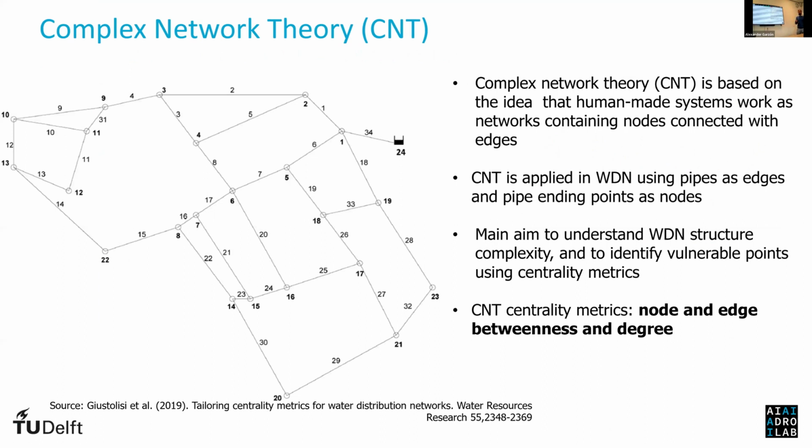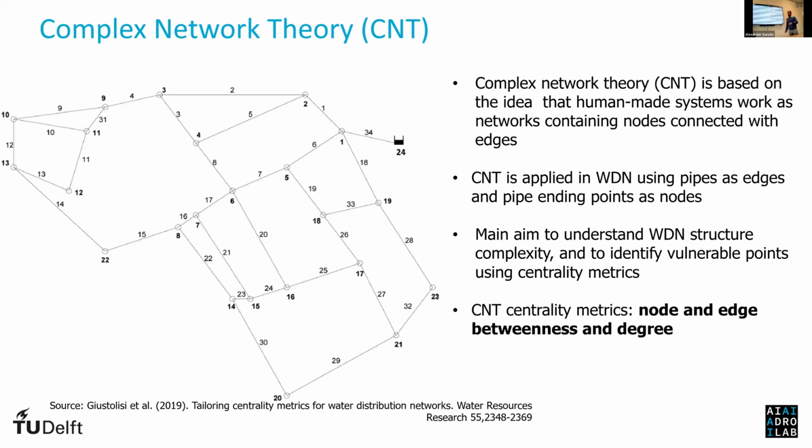Complexity theory, and I'm going to go really fast on that. Every system is formed of nodes that are connected to each other with edges. This can obviously be applied to water distribution systems because you have pipes, which are the edges, and nodes, which are the ends of the pipes.